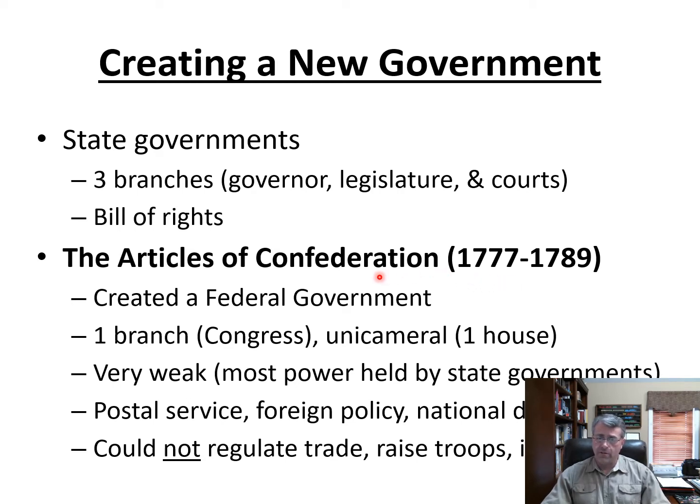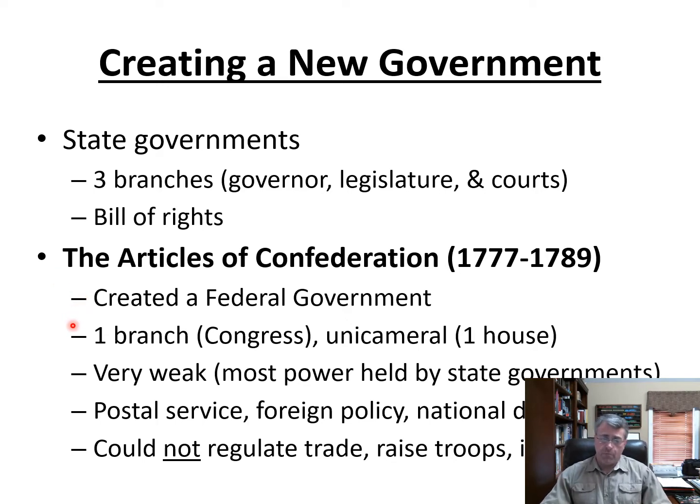And the Articles of Confederation will be our form of government all the way up till about 1789. So for about 10 or 12 years, these Articles of Confederation will be our primary governing document.